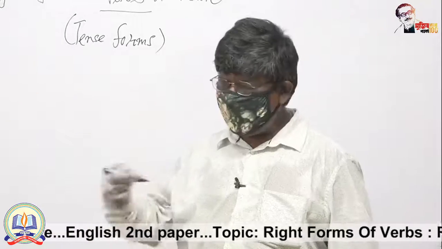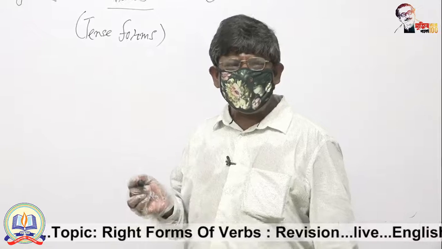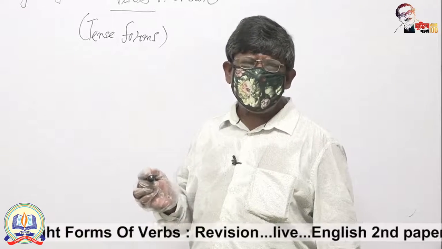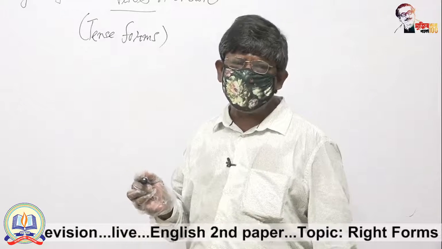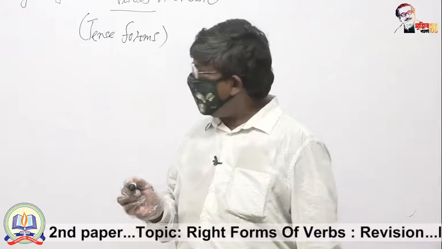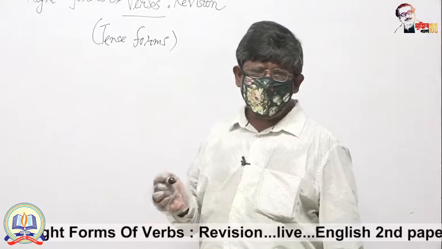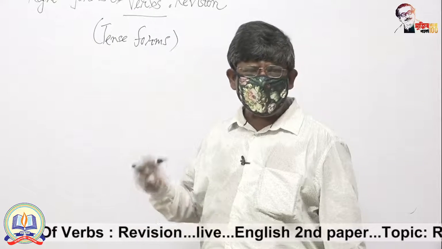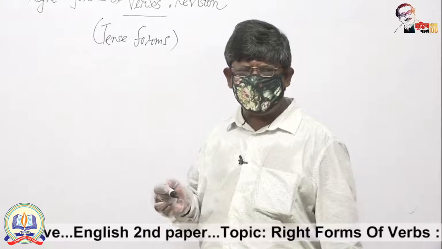determined for the sentences. We have three types of verb forms which do not belong to any particular tense form. Probably you can remember the class I took on different types of verbs.